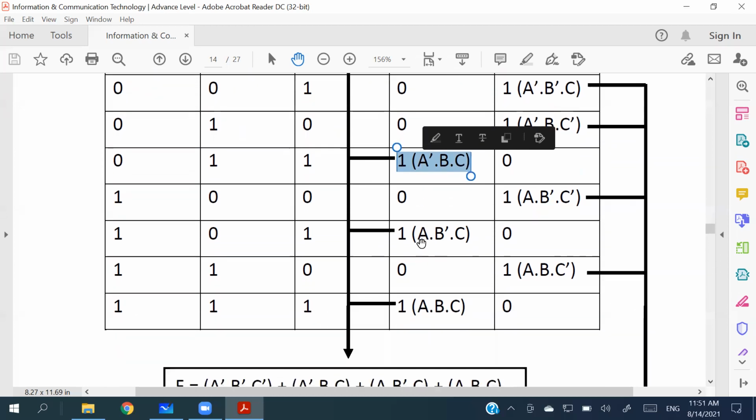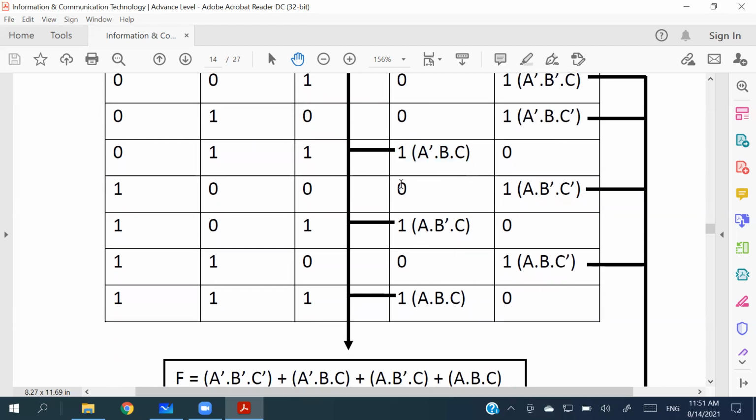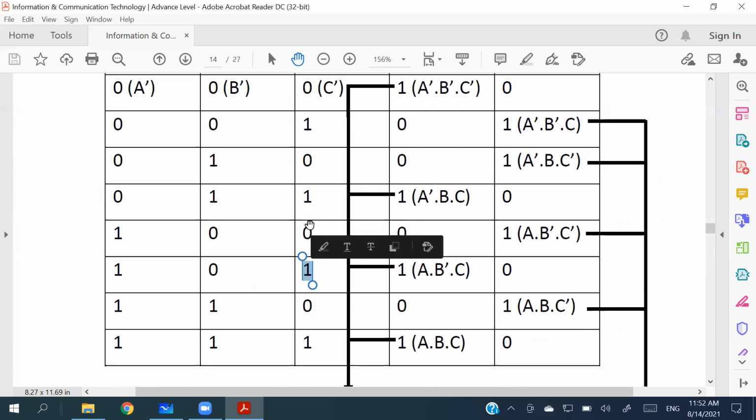So in the very same way, this 0 is not considered, and this one is going to be considered. So it has the combination 1, 0, 1. So we write that particular term as A, B bar, C, right?